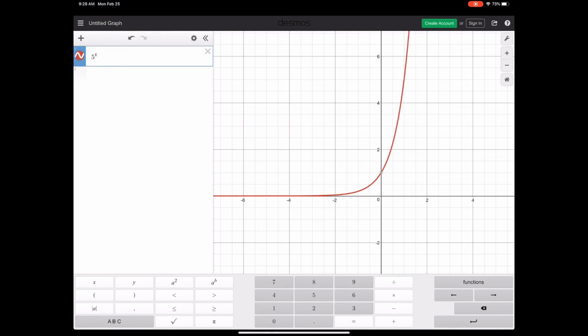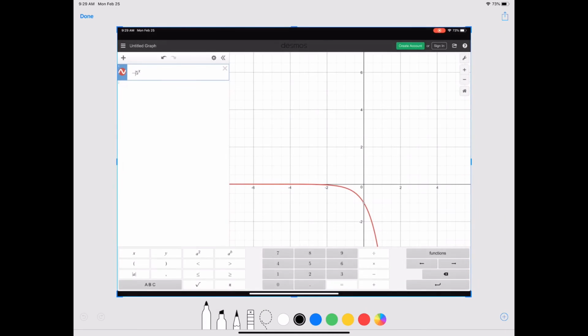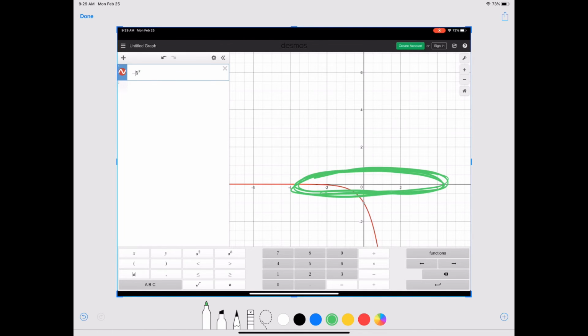So when we added the minus here, that's what we got. Now let's just add it here. See that? And those are the only places you can really add a negative. And just like before, it's flipping about the x-axis right here.